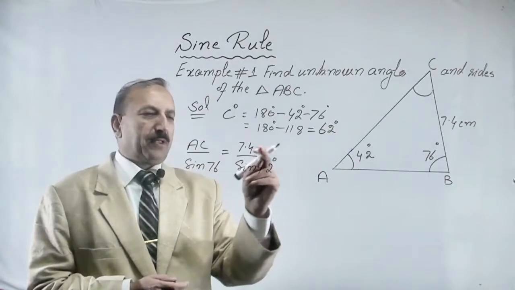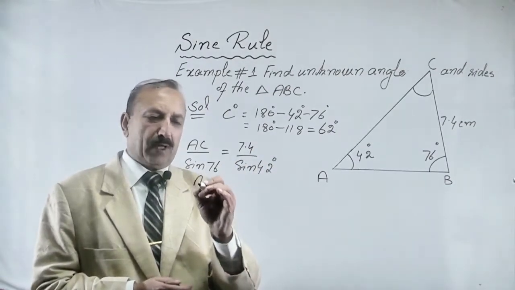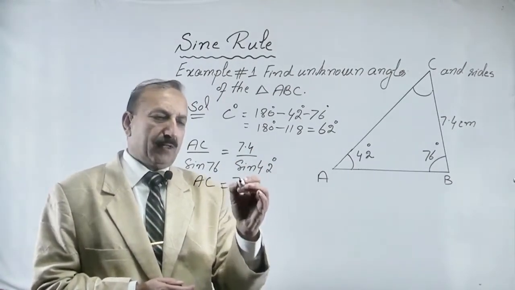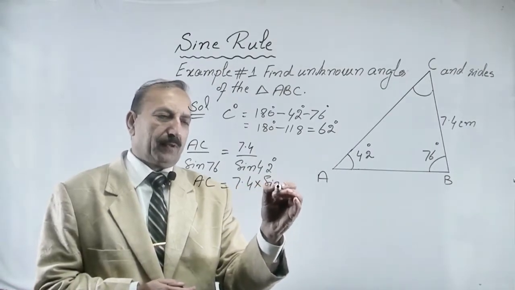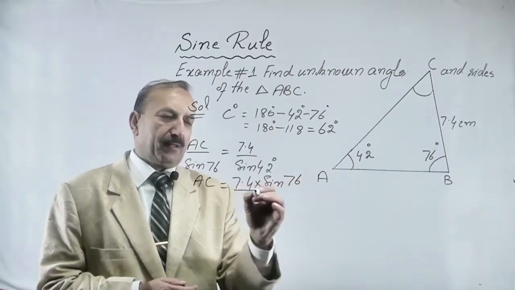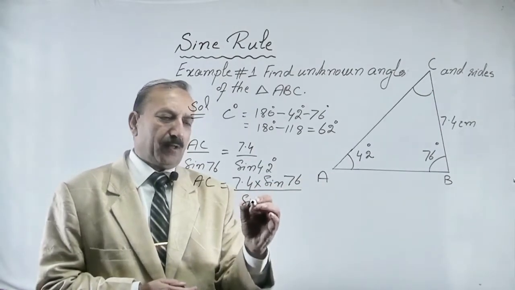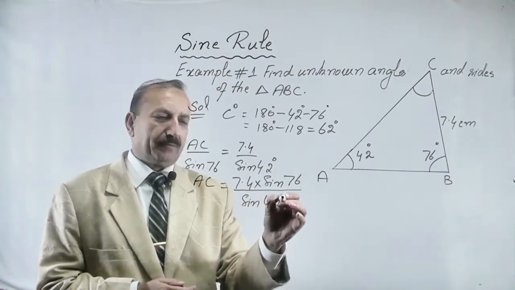Let's cross multiply this value to this side. We will have AC equals 7.4 into sine of 76 divided by sine of 42, my dear.